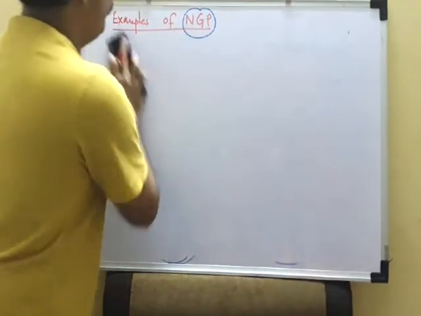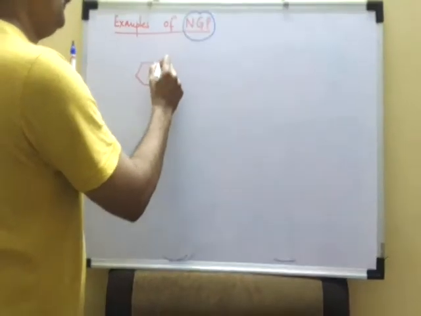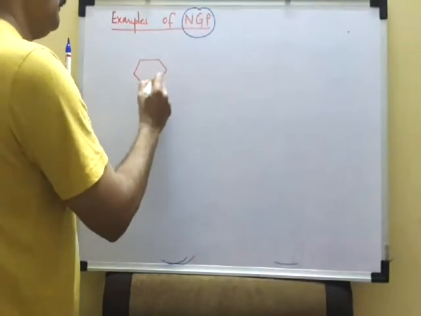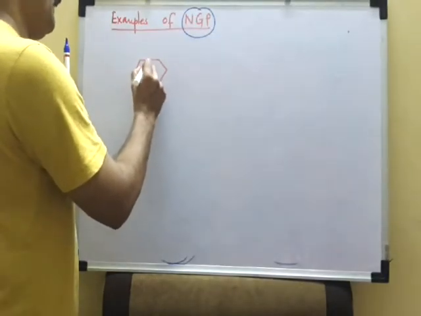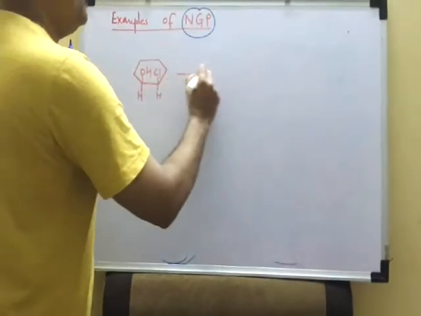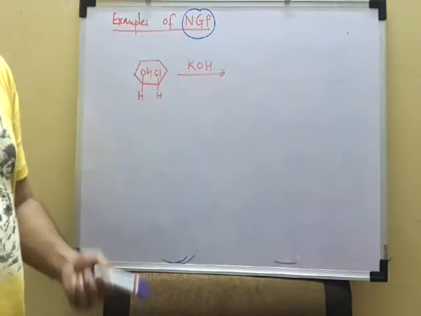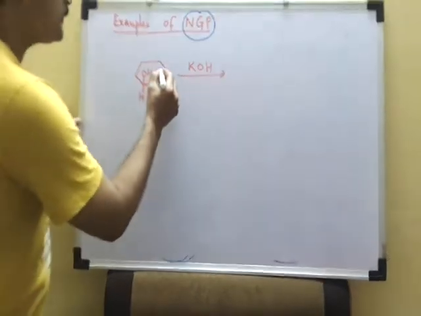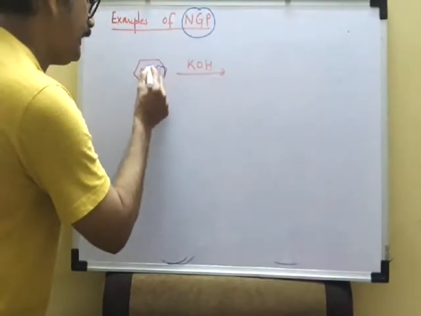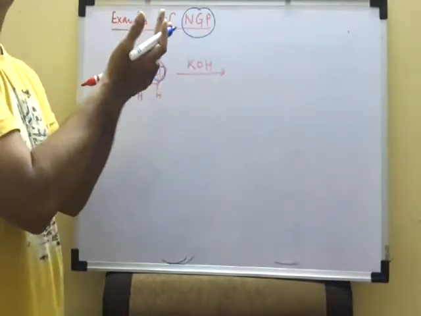I'll add one more example here, and you try to predict the answer of this reaction. Now, in presence of KOH, what will be the product? Listen, here Cl, which is leaving group, and the internal nucleophile both are toward the same side.